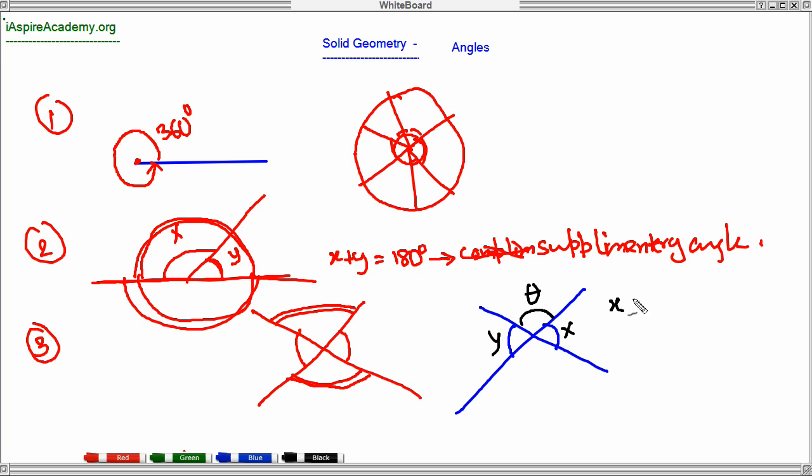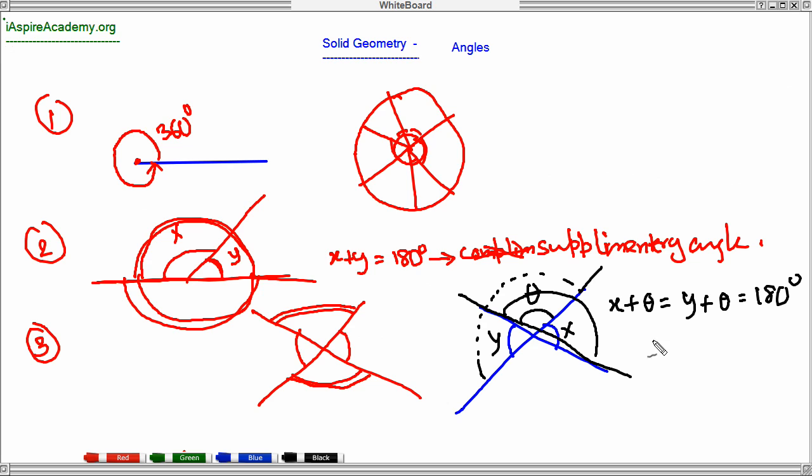So you can think x plus theta equals y plus theta equals 180 degrees. Why? Because x plus theta is on this line, right? In the same way, y plus theta is on this line, right? So both are 180 degrees. So that leads to x equal to y, because theta cancels. In the same way, the other two sets of angles are also the same. So that's rule number three.